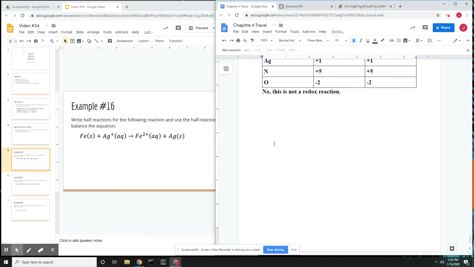So let's start just by writing out the half reactions. Iron here is oxidized. It's going from 0 to +2. And then silver is being reduced. It is gaining an electron.